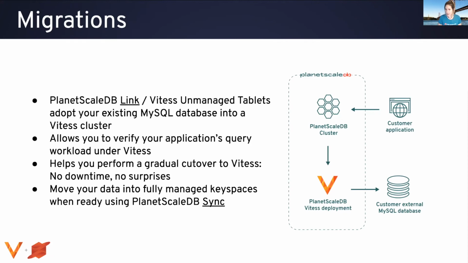We're not going to try and manage its replication or take backups or monitor it for you. We're not going to make any changes that you're not expecting. But what we do allow is for you to take a query path that runs through a real Vitess deployment. That's going to show you exactly what its behavior is expected to look like for your workload, and will allow you to run tests to make sure that you understand exactly what kind of behavior a sharded version of your database would experience.